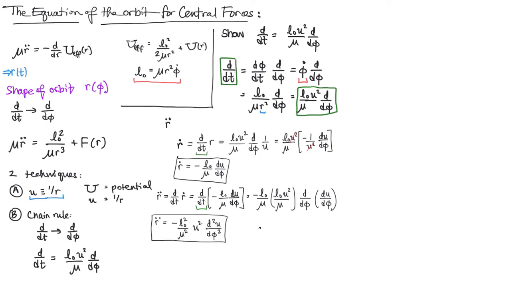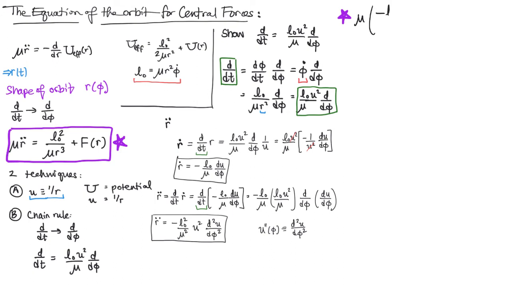We can say u double prime of phi is just defined to be the second derivative of u with respect to phi. So the primes refer to derivatives with respect to angle, and the dots refer to derivatives with respect to time. So when we come back to this equation and we make these substitutions, we are going to find we have mu times r double dot, which is minus L naught squared over mu squared, u double prime.